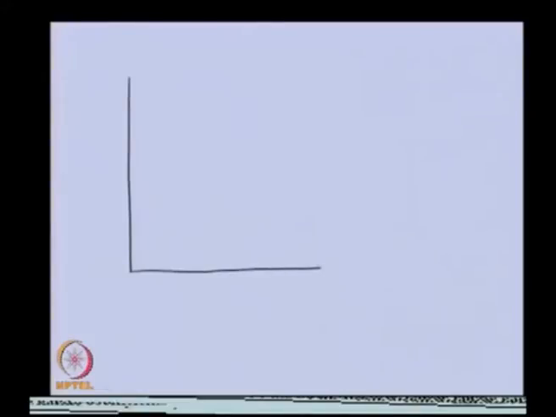So let us see how we can plot this. Let us say amplitude is here, and this is the energy per cycle. For negative damping, we will have a parabola like this.